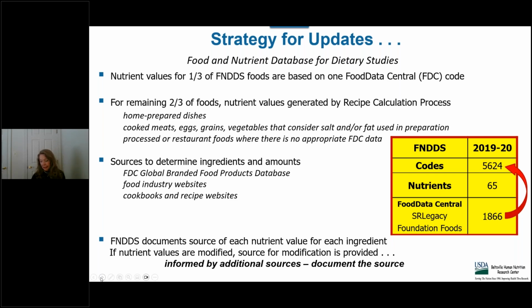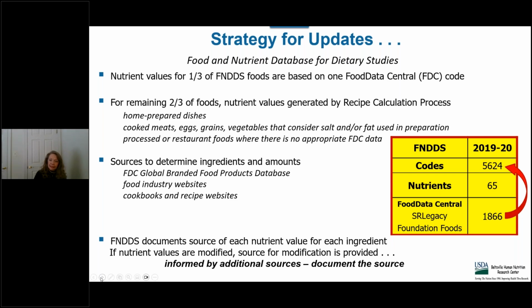We populate the nutrient profiles based on about 1,800 Food Data Central nutrient profiles. Majority come from SR Legacy, but more and more, as we get more foundation foods, another data type that sits in Food Data Central that has more updated analytical data, we are using those as well.